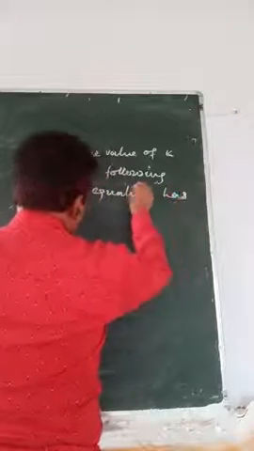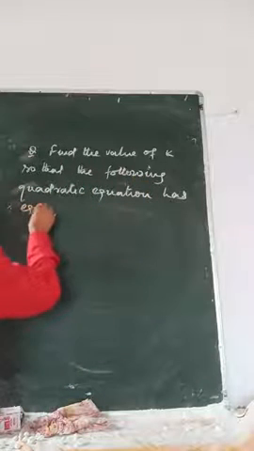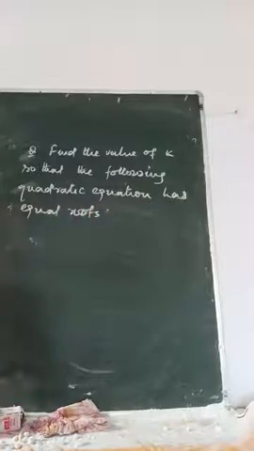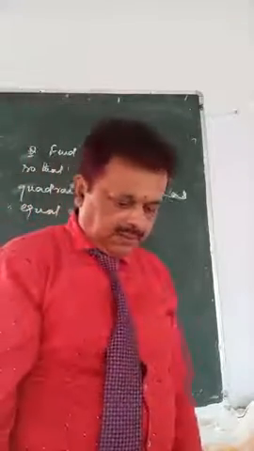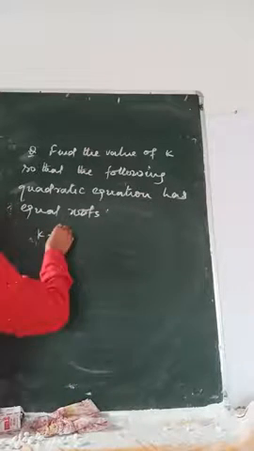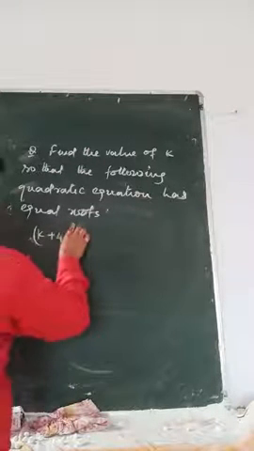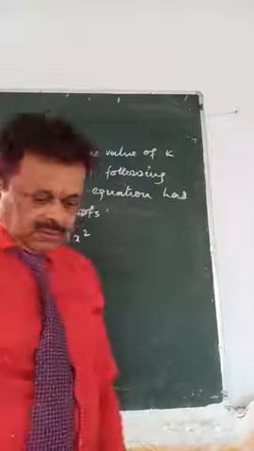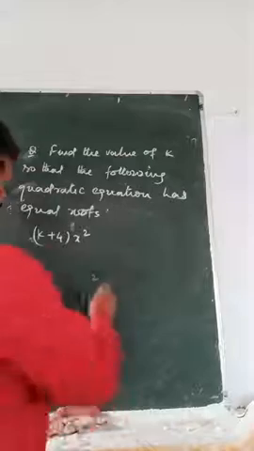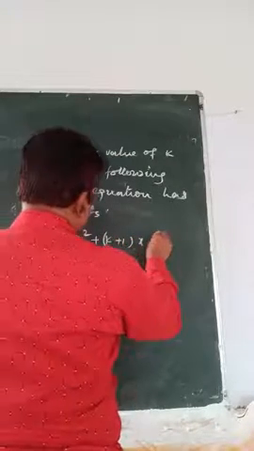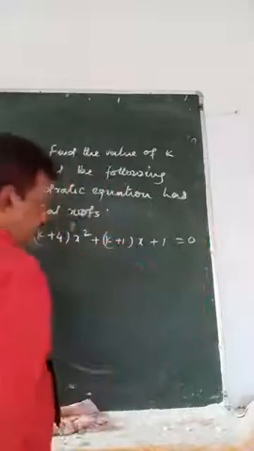So what is the equation given? The k plus 4 whole x square, then k plus 1 x plus 1 equals to 0.